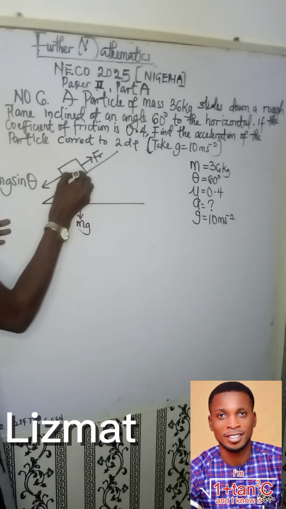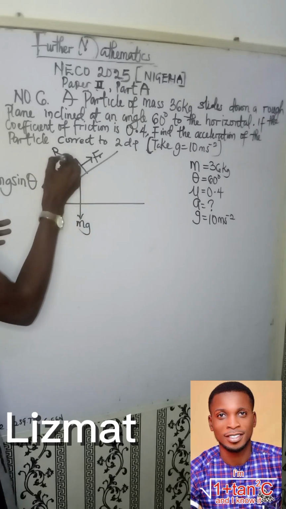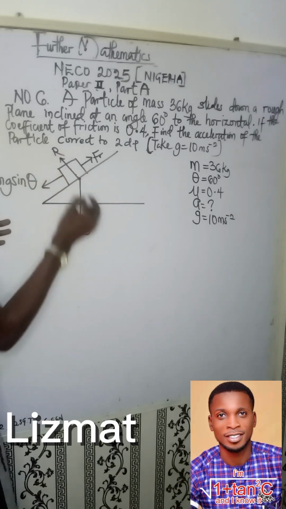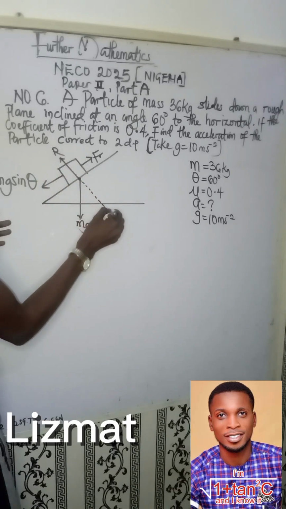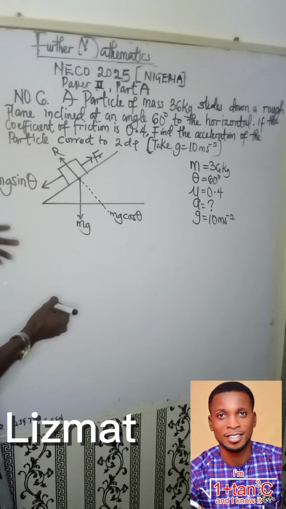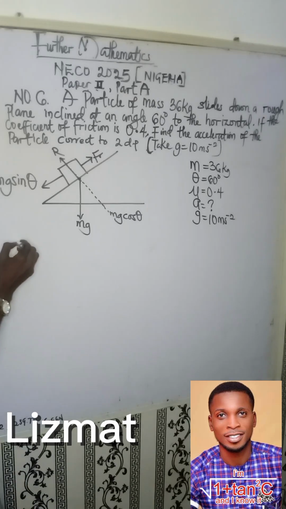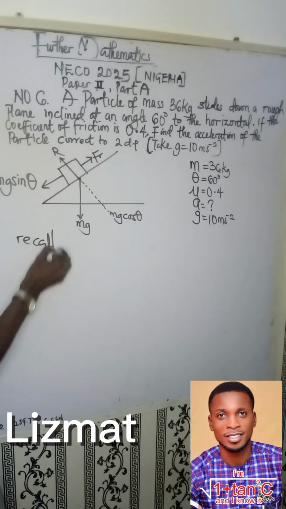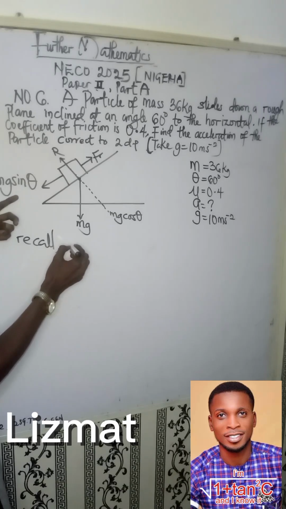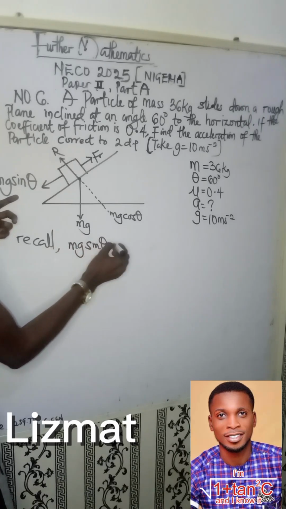Of course, there's going to be an upward reaction force here, and a downward force here, which is mg cos theta.